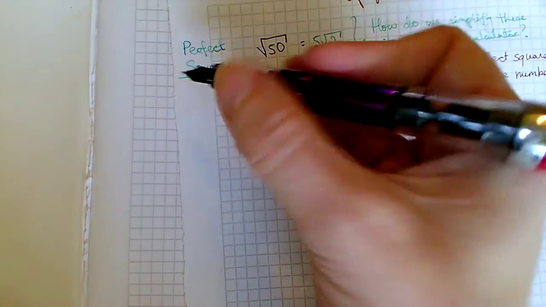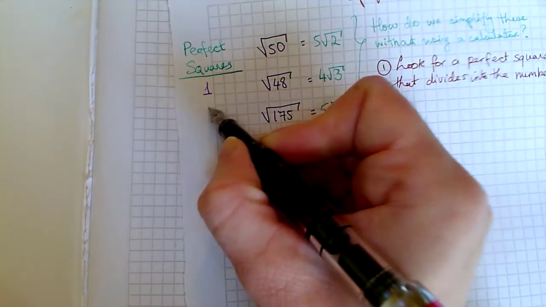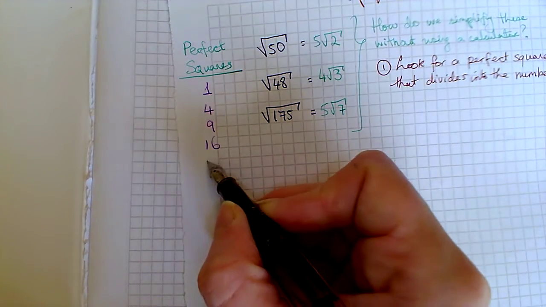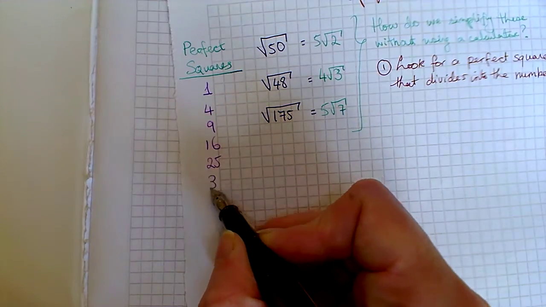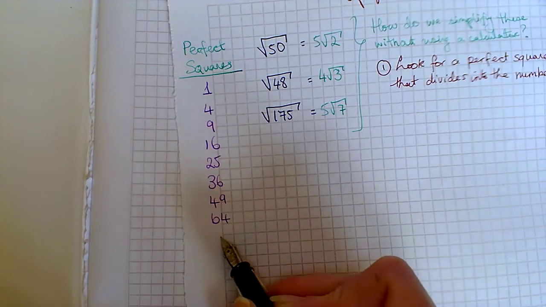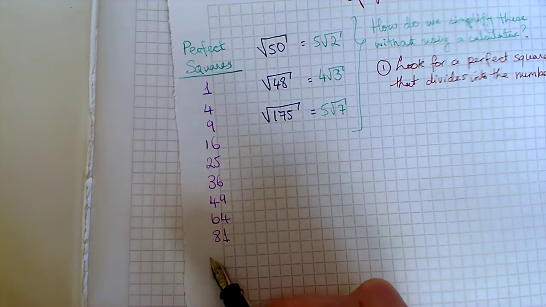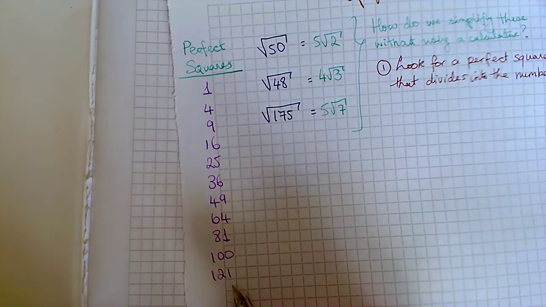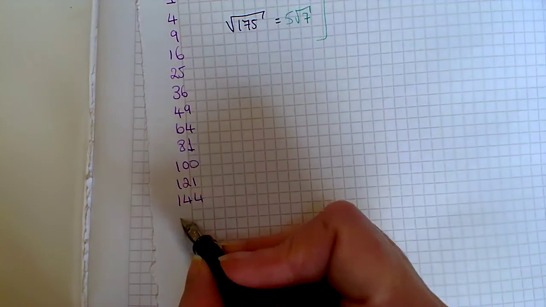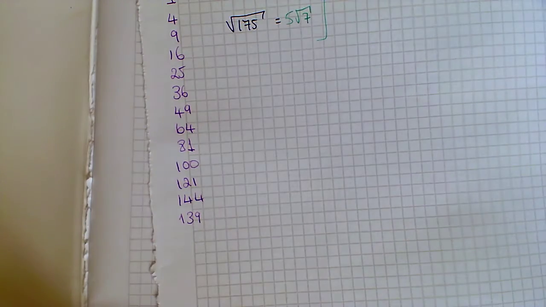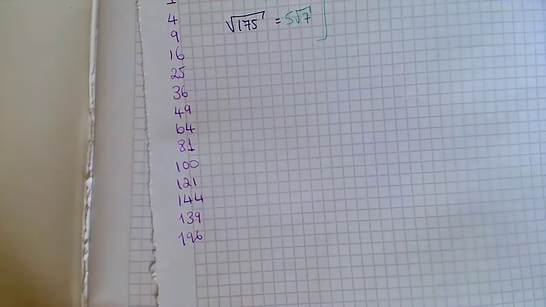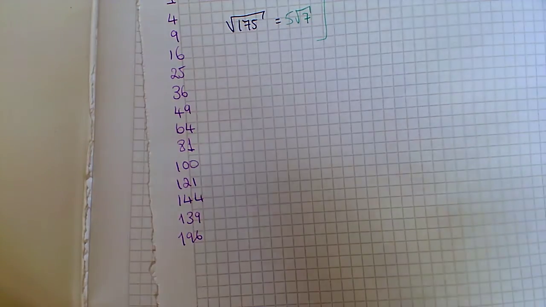It's just 1 squared is 1, 2 squared is 4, 3 squared is 9, 4 squared is 16, 5 squared is 25, 6 squared is 36, 49, 64, 81, 100, 121, 144, we all know those from our 12 times tables, 169, I never can remember 14, 196, and 225.